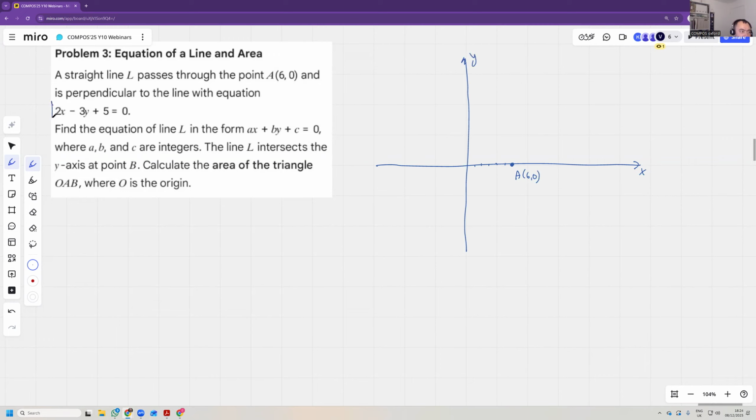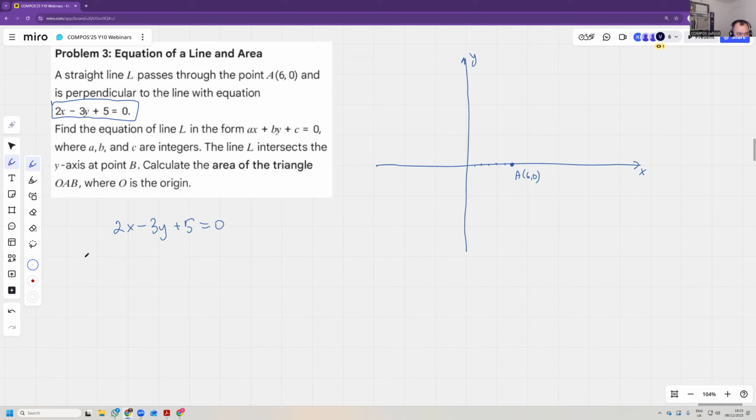Now, you might be tempted to say, let's rearrange it to make y the subject and then find the gradient and the y-intercept. Yes, that's a good method, but to draw a straight line, you only need 2 points, right? So you have 2x minus 3y plus 5 equals 0.